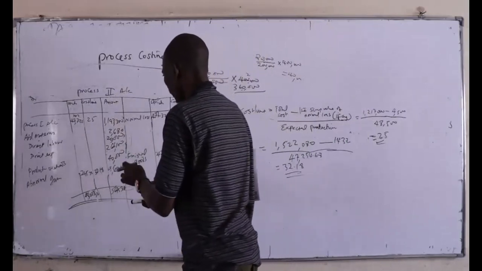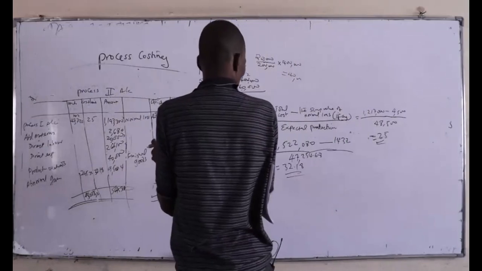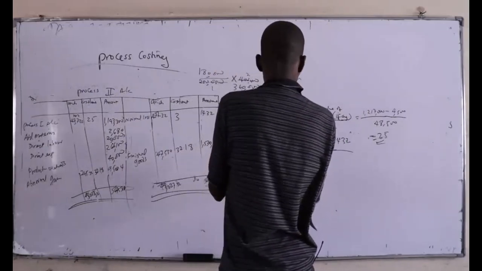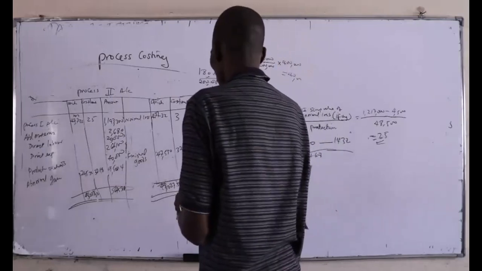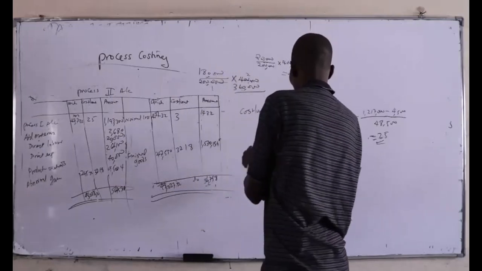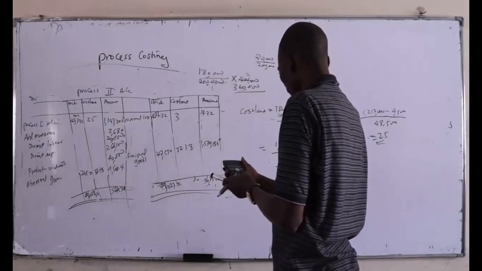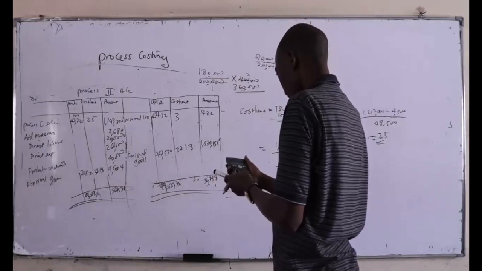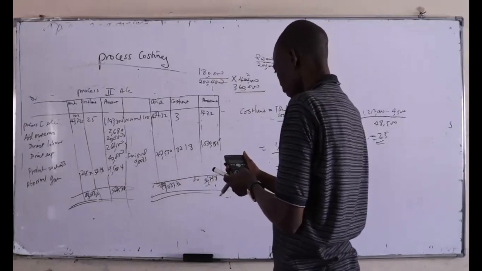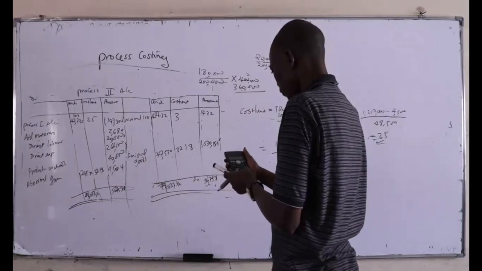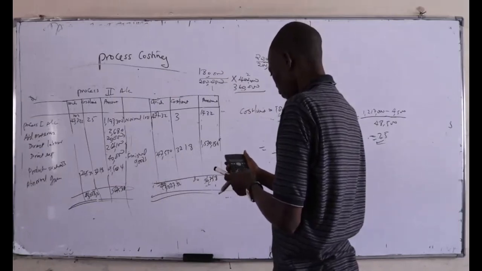I think there's something we have left out. So we left something out there. Just a minute. So it should be 15,22,080 plus 9503.4.